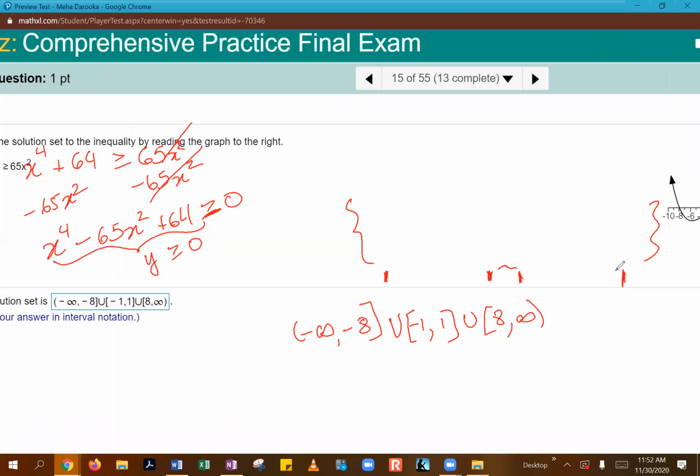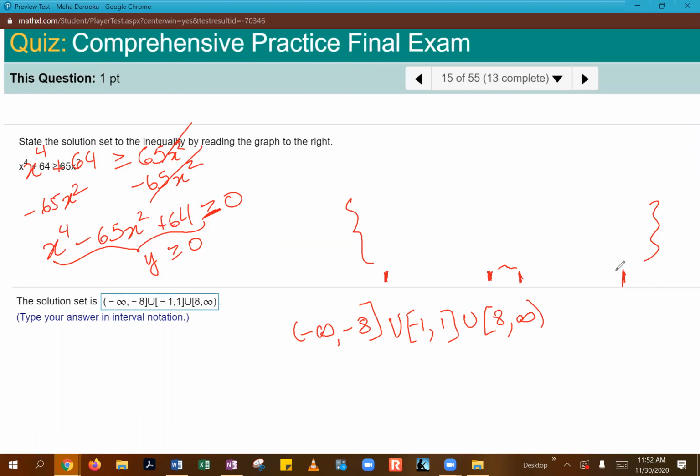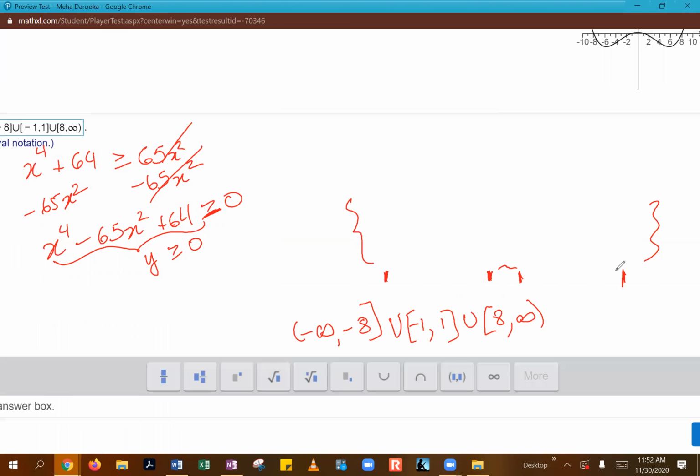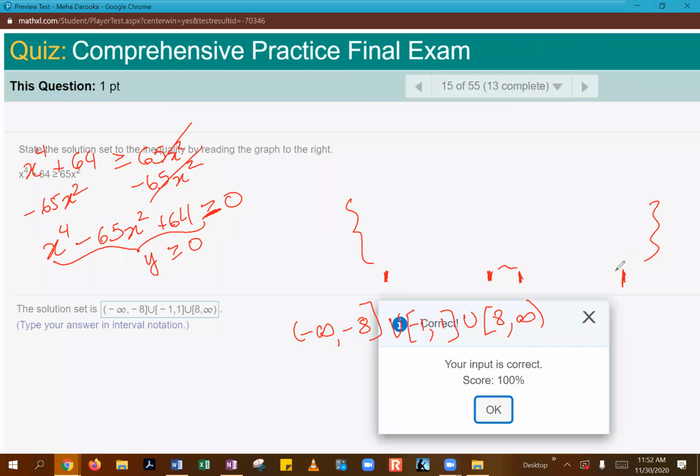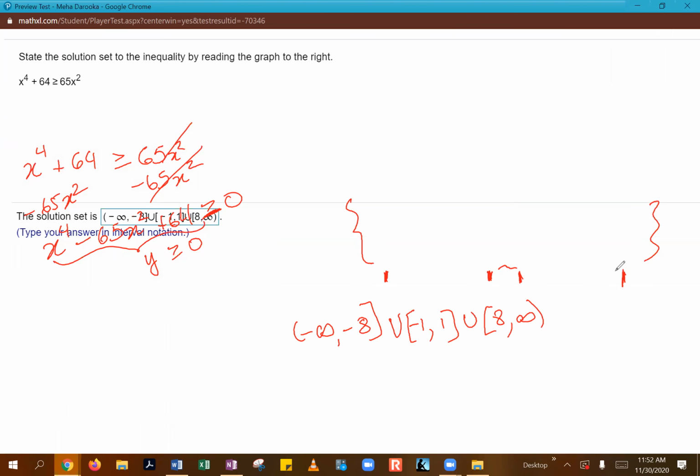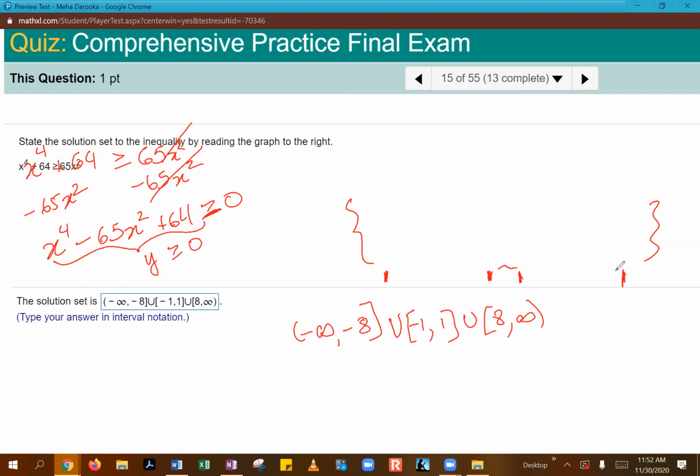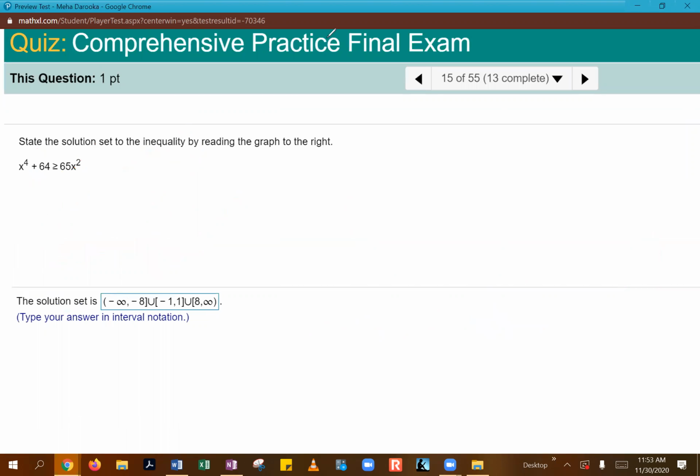So hopefully you guys can kind of see that. And let's check this. And we are looking good. Okay, so again, just let the graph help you out. They're not asking you to solve this algebraically.